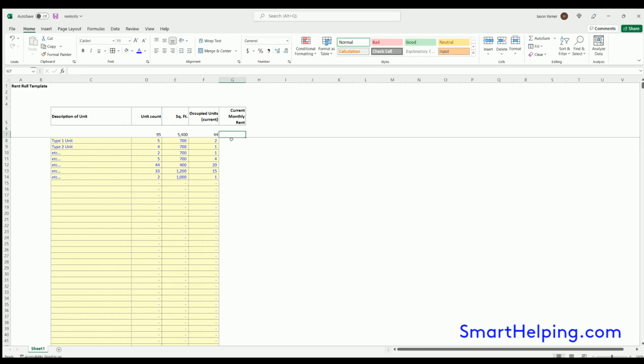Current monthly rent. Now here, I'm going to use a currency so we can tell the difference between square feet. But we do want this, so we'll just do this version with the dollar symbol.